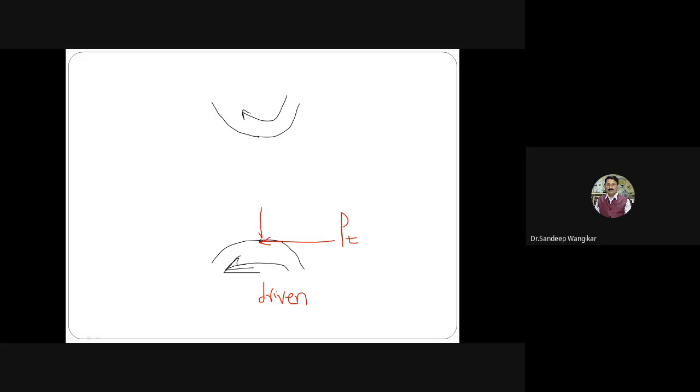And this is your PR. Opposite to this, the PT is always in the opposite direction for the other gear, and this is your PR. So this is the direction for force analysis.